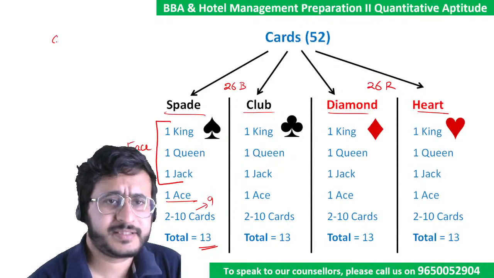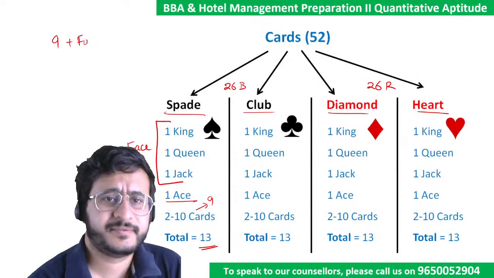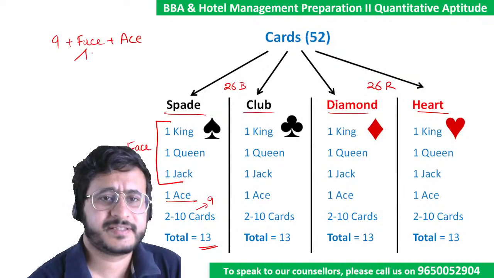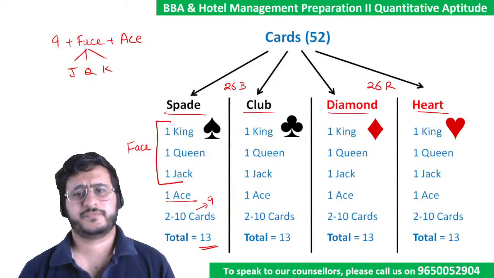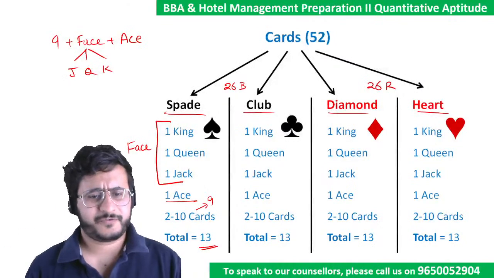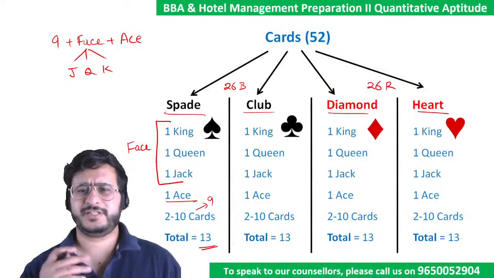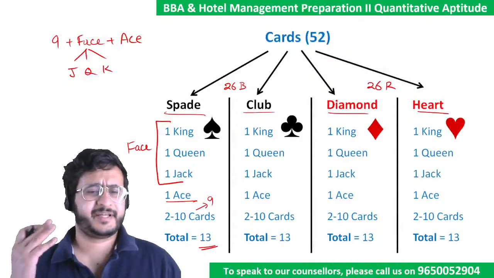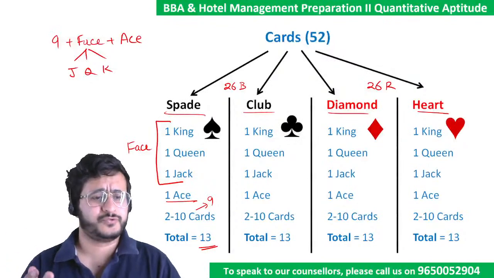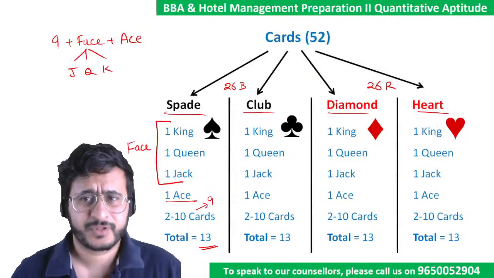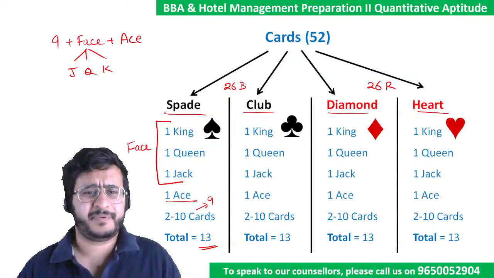You can remember it like this: 9 plus face plus ace, and face is jack, queen and king. So you should know these terminologies: what face cards are, how many cards there are, and what the 4 suits are. So this was a brief.